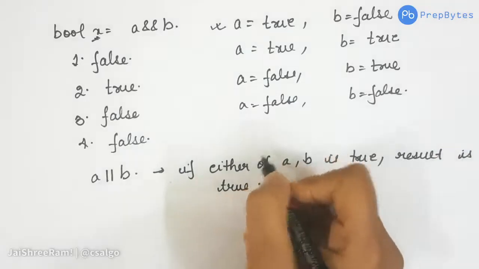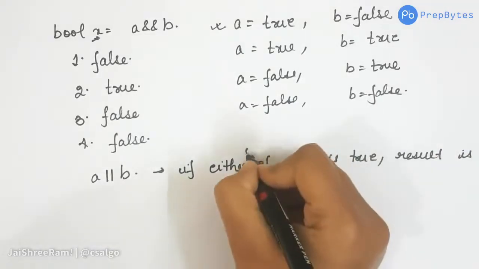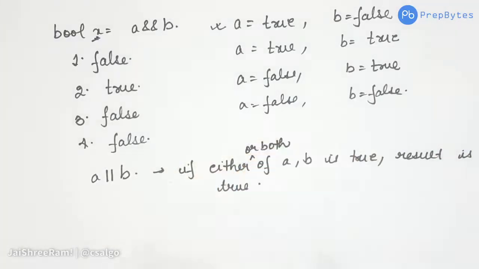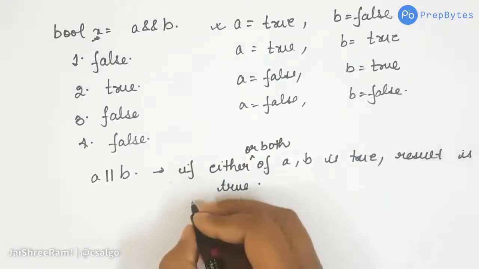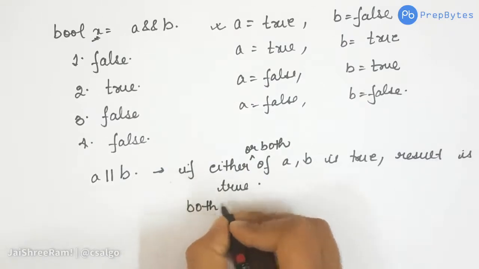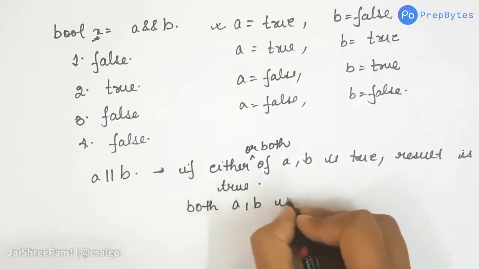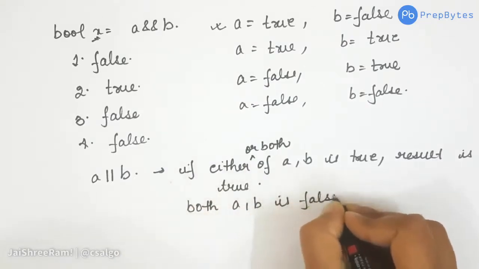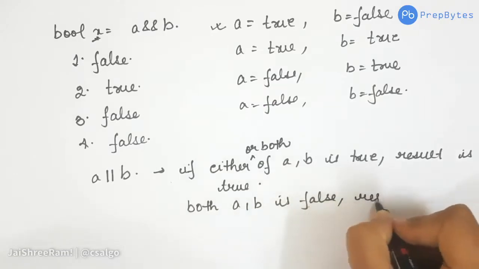Or better to write, if either or both of A, B is true, the result is true. And if both A and B are false, the result is false.